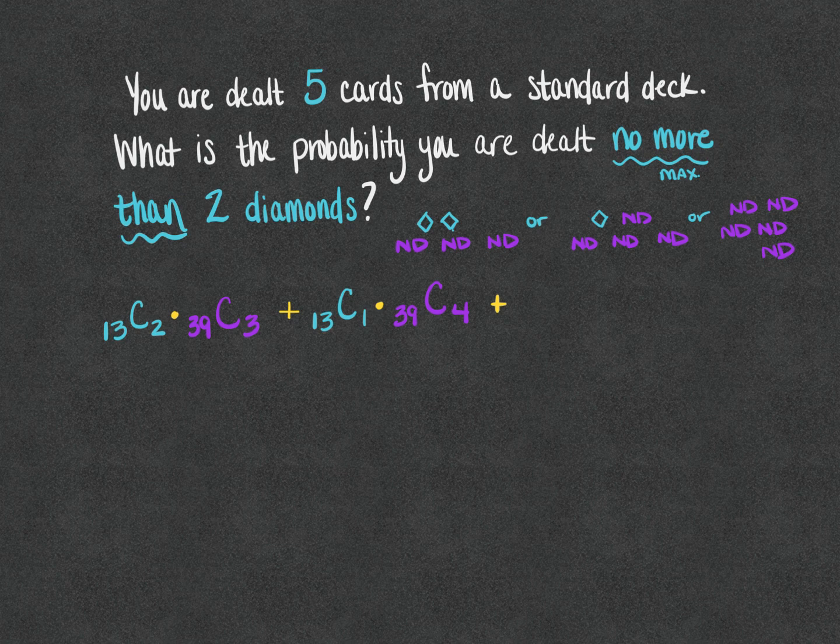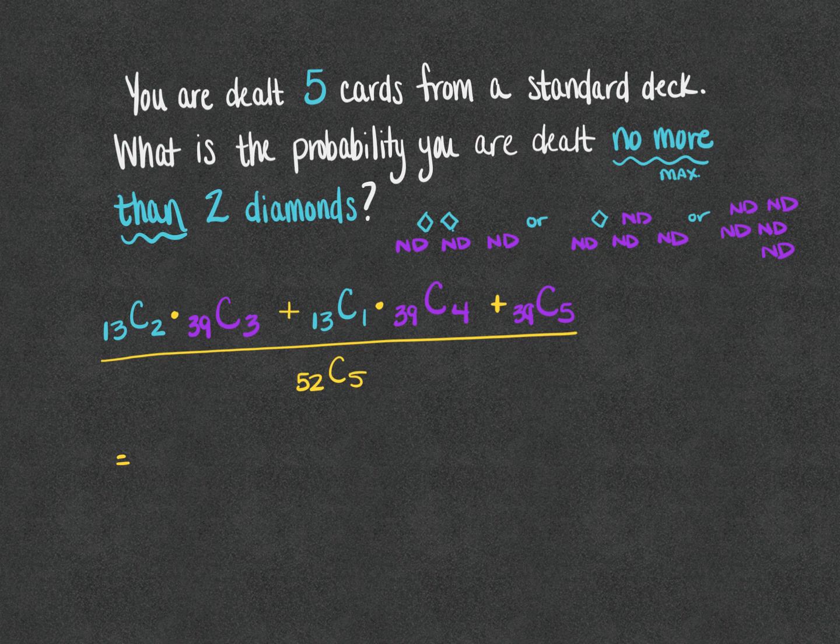Or maybe I don't have any diamonds in my hand, and what I have is 5 cards that are not diamonds. So out of the 39 cards that are not diamonds, I would have 5 of those in my hand. And again, the denominator is the total number of ways I can have any 5 cards dealt to me. So 52 choose 5.